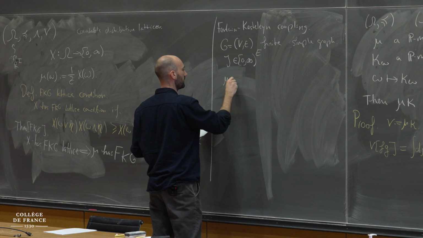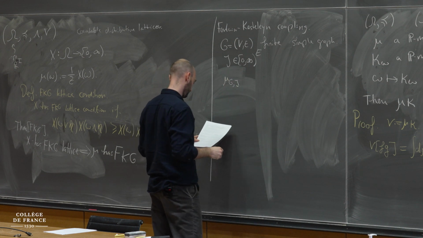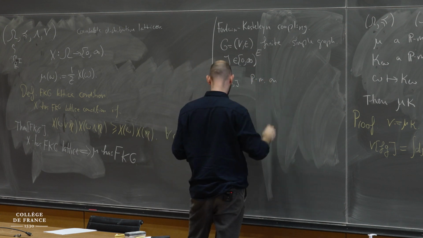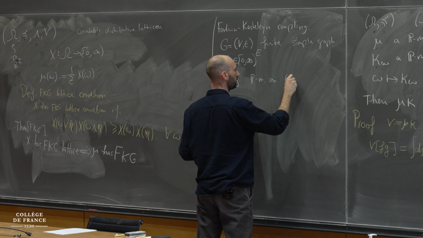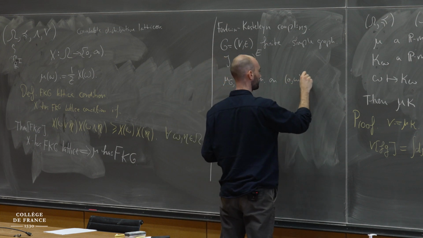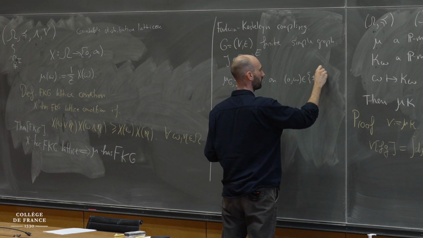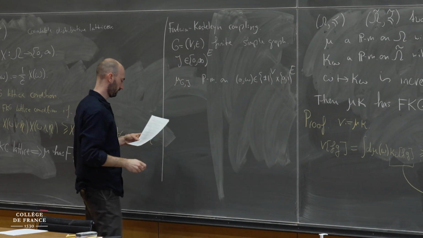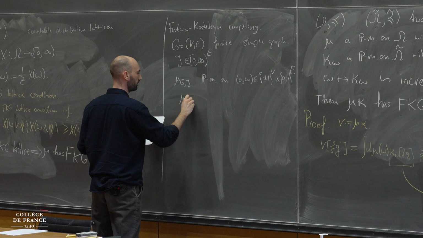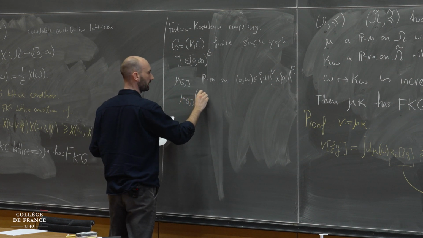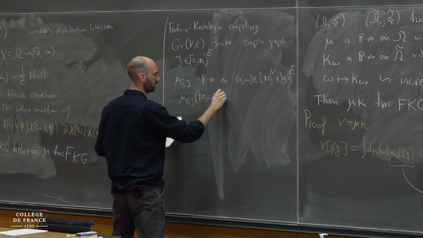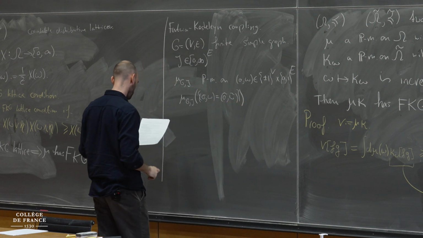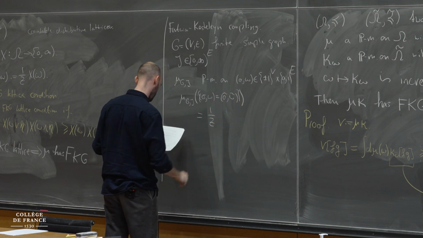And mu on G with coupling constants J is going to be the probability measure on this pair, which is defined as follows. The probability of the event sigma omega equal to sigma tilde omega tilde is going to be 1 over the partition function.